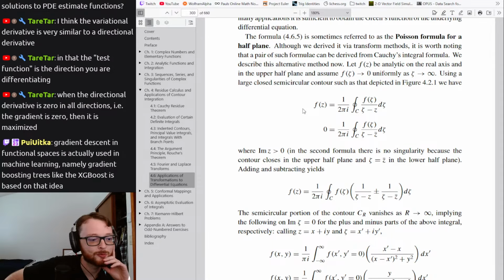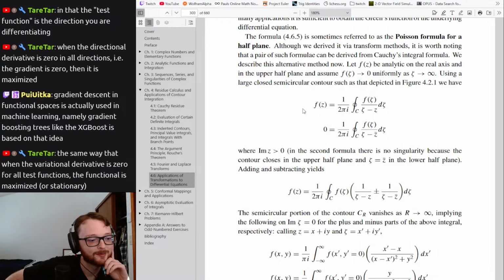Gradients in functional space are usually used in machine learning, namely gradient boosting trees. Like XGBoost is based on that idea. Oh, okay. Gradient boosting trees.